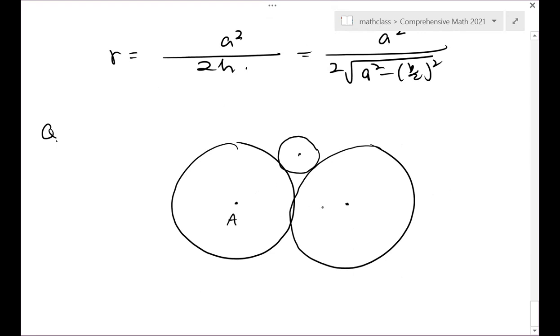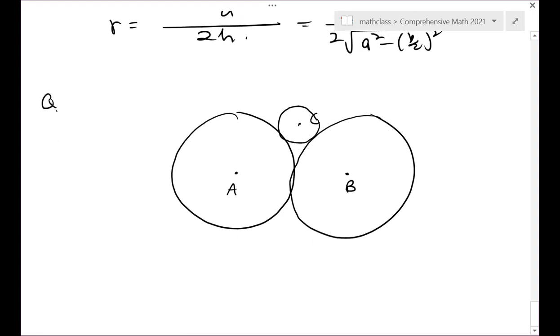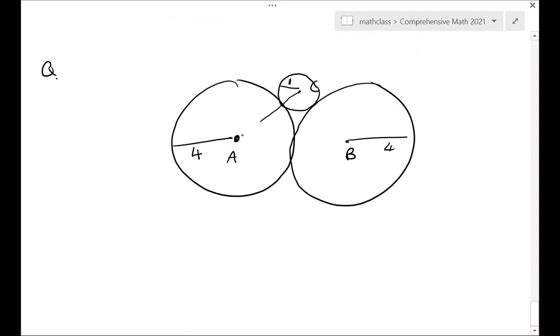This is A, B, and C. This one's radius is 4. This is also a radius of 4. And this radius is 1. Find the area of the triangle ABC.